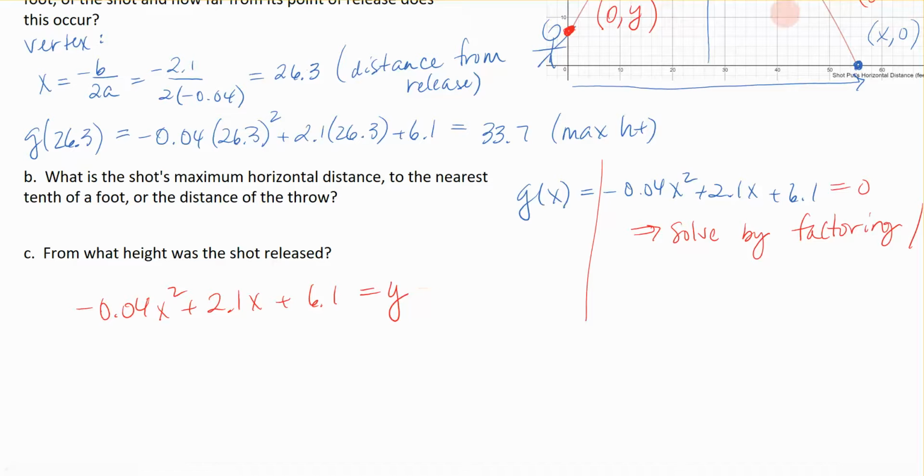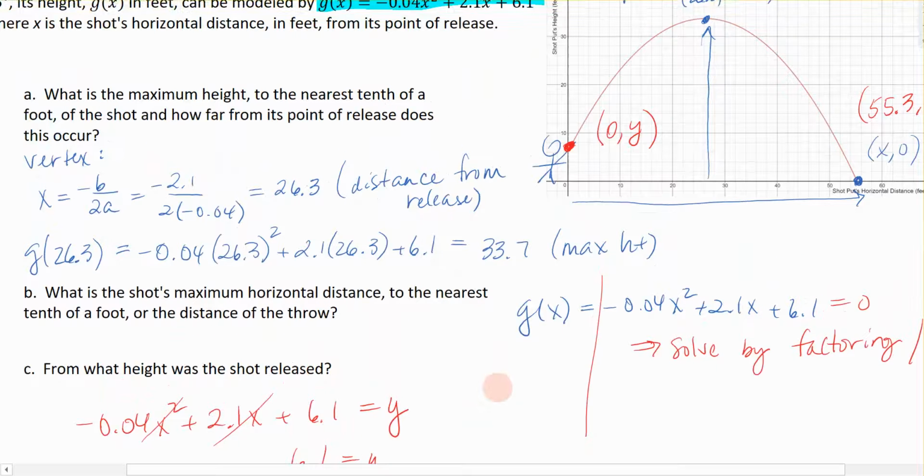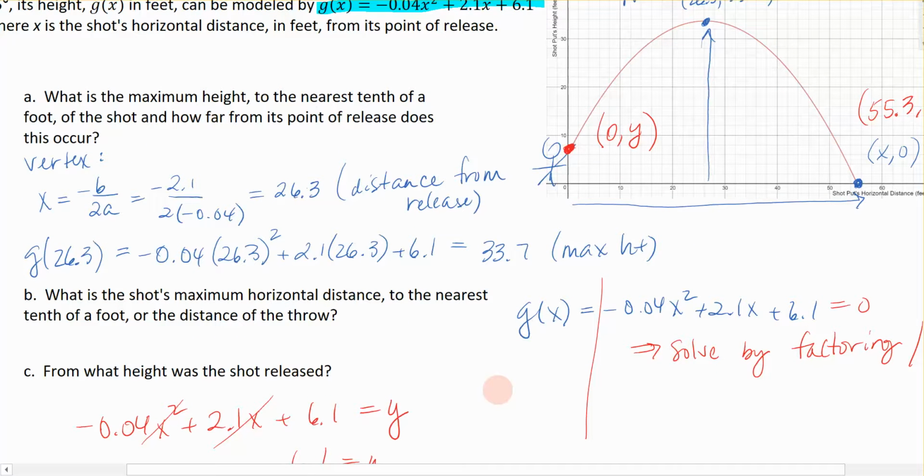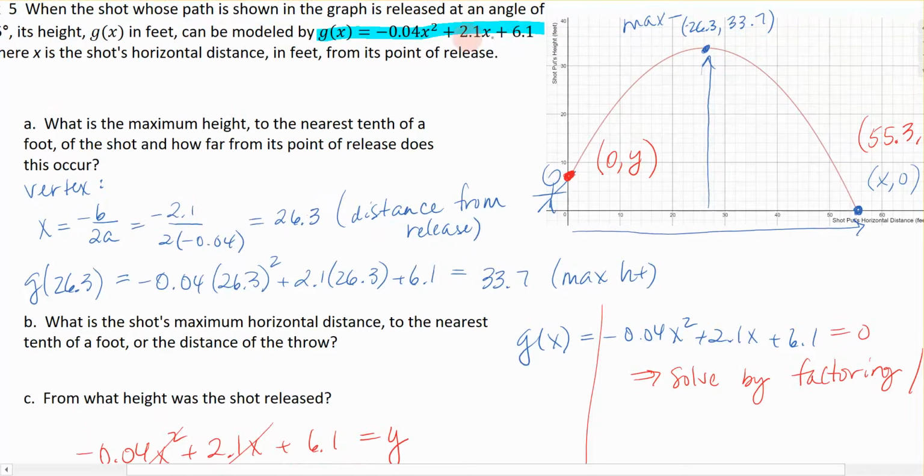And if I let x be 0, then that just means, because these are going to go away, that the height at which the shot was released is at 6.1 feet. So that's how we can use not only our calculator but the function that was given to us to be able to find the vertex, the max, as well as these other points that were asked for in the problem.